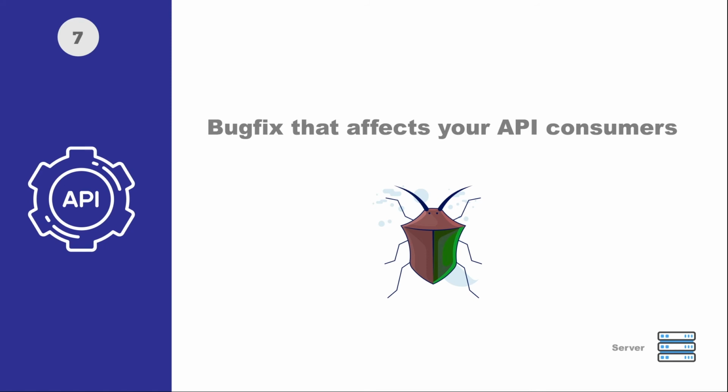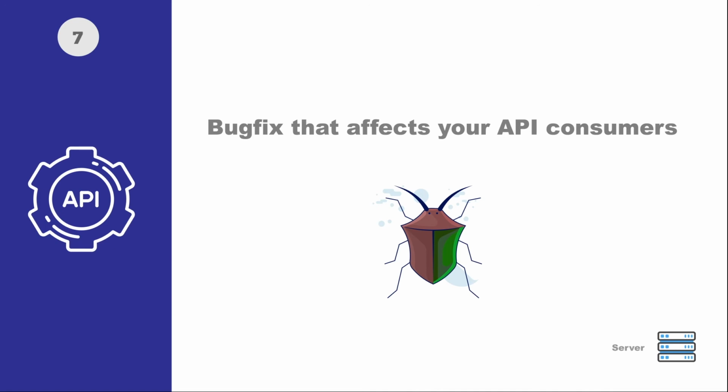We should also version our REST API when there is a bug fix that affects the whole application, the whole API consumers. As you know, for those of us that have used any major REST API, whether using AWS API or Twitter API or even Shopify API, you will see sometimes there are some endpoints that are versioned. So if there is a bug fix that affects your API consumer, you should also version.